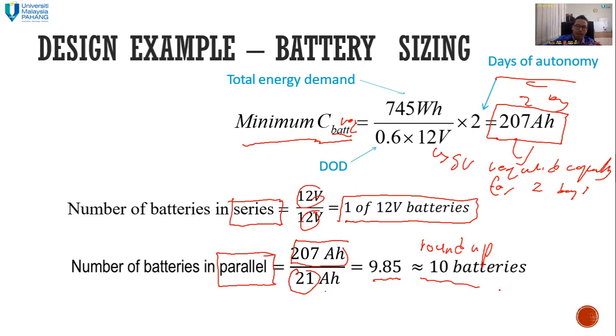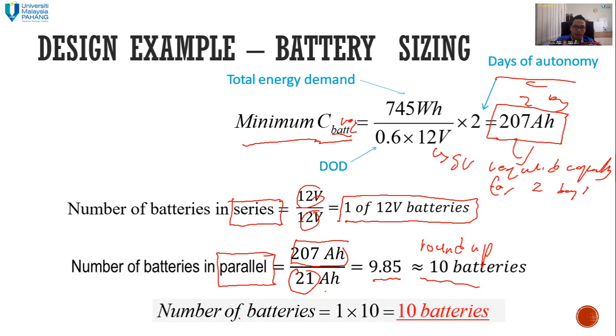Which means the best configuration of the battery arrangement is 1 series and 10 parallel, which totals 10 batteries.